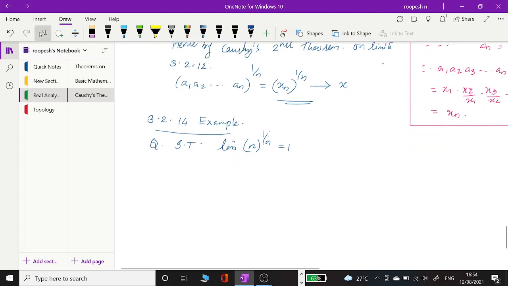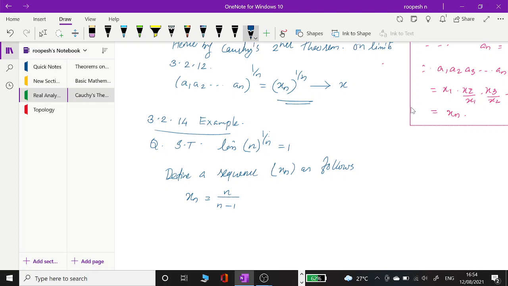Now here we will define a sequence xn as follows. Let xn equal to n by n minus 1 for all n greater than or equal to 2 and x1 equal to 1.